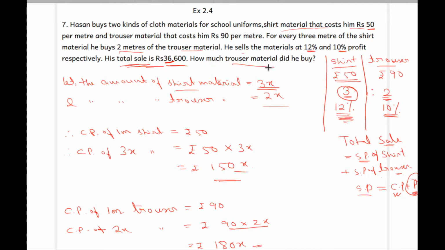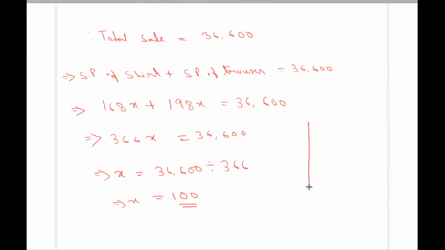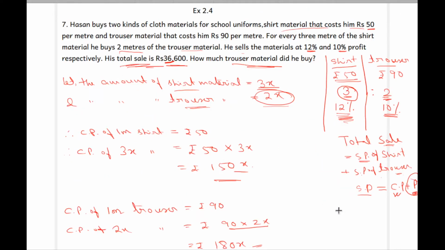Now how much trouser material did we buy? So the trouser material is twice x. Therefore the amount of trouser material equals 2 multiplied by 100, which is twice x, equals 200. Now we have to write the unit.